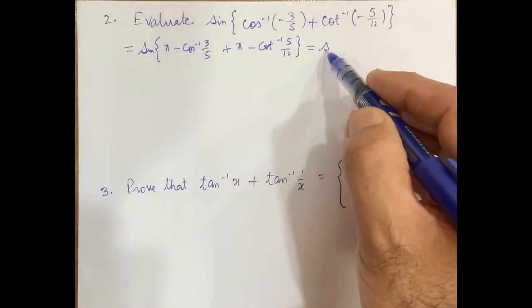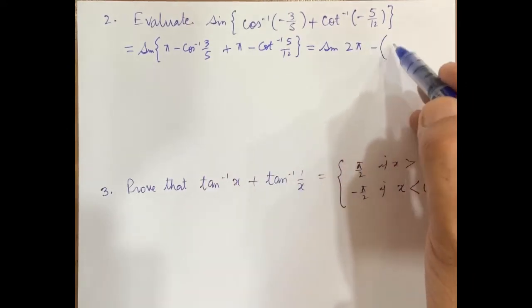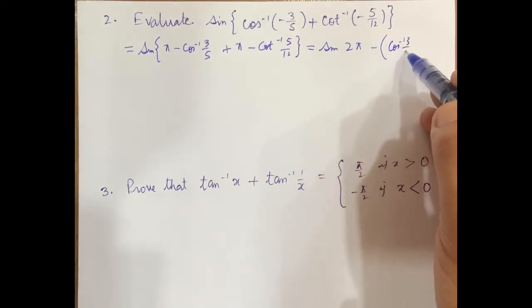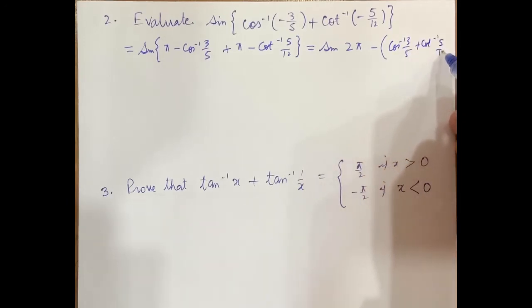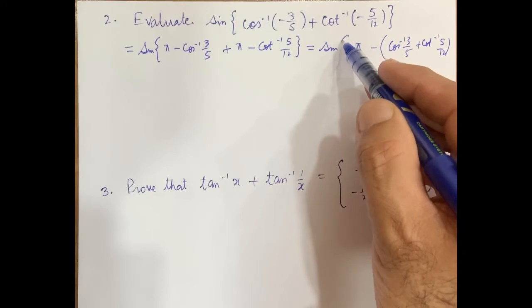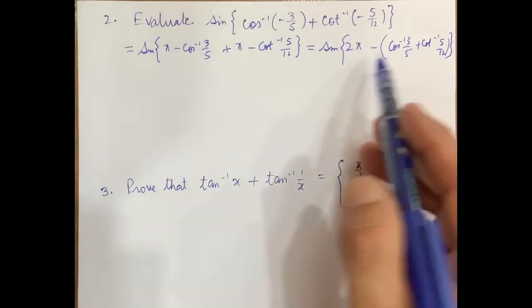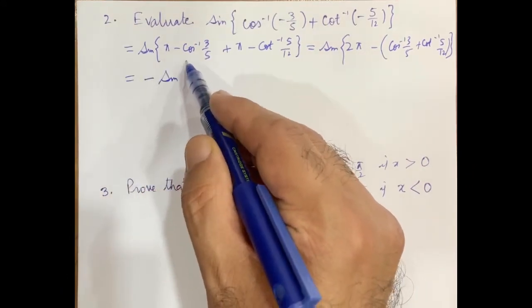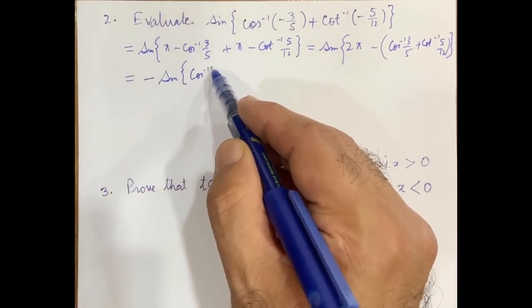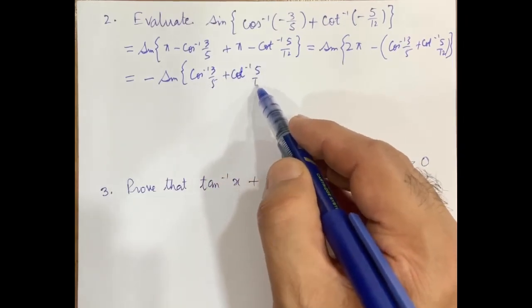This is sine of pi plus pi is 2 pi minus cos inverse of 3 by 5 and plus cot inverse of 5 by 12. Then sine of 2 pi minus theta, this is equal to minus sine of theta, cos inverse of 3 by 5 plus this is cot inverse of 5 by 12.